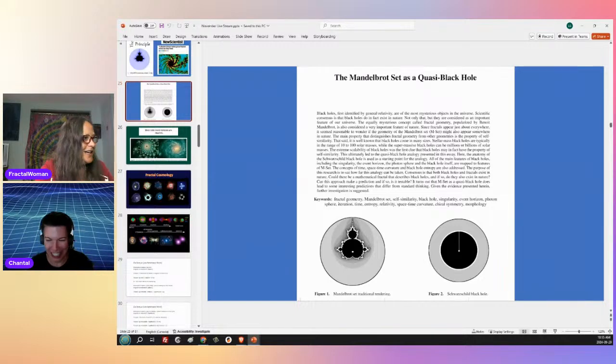Back in the day, I think I had my Commodore 64. In 1985, I think that was the first time the Mandelbrot set was popularized, because a friend of mine, Kee Dewdney, a professor at my university, was writing for Scientific American.